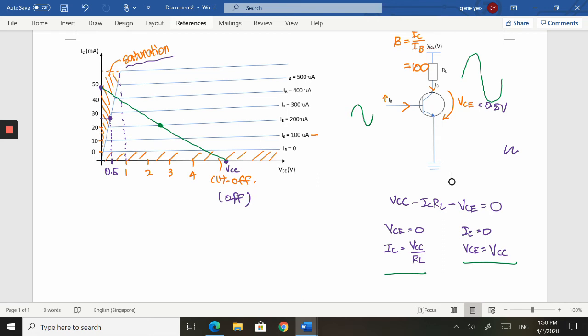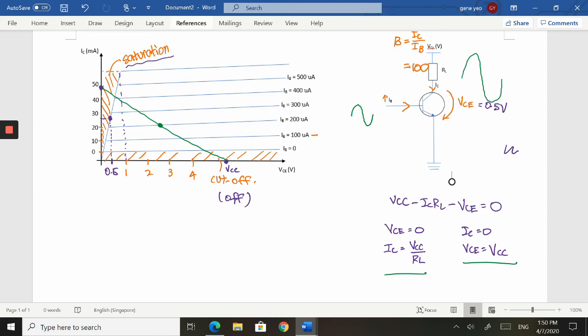So ideally, the input is a nice sine wave and the output gives you a very nice amplified sine wave. That's the ideal situation. So ideally we want to have it somewhere in the middle here.